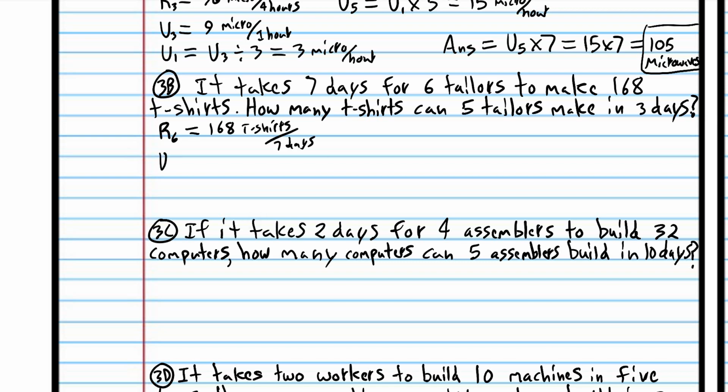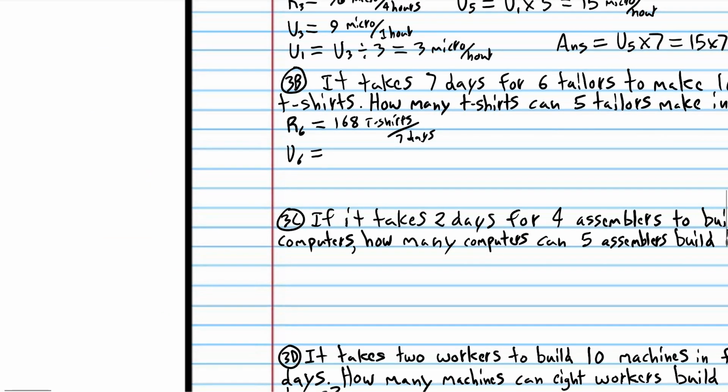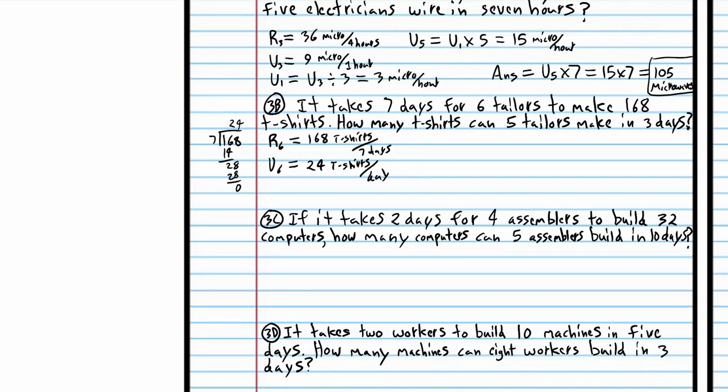We're going to find the unit rate for 6 tailors by dividing these two numbers. And those are kind of big numbers, so I'm going to go out to the margin here. We're going to have to use the long division algorithm. And we have 24, so 24 t-shirts every day. So 6 tailors can make 24 t-shirts in 1 day.